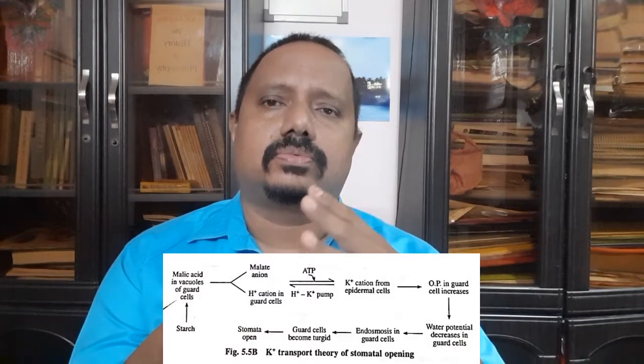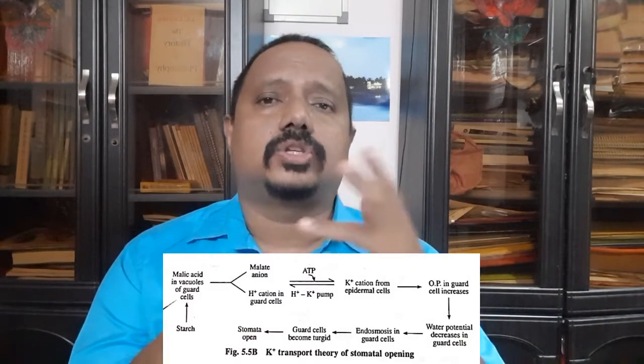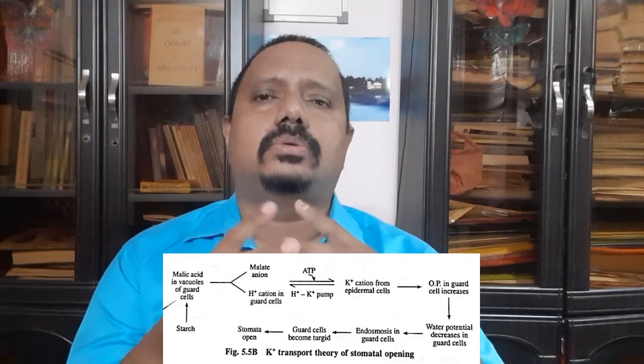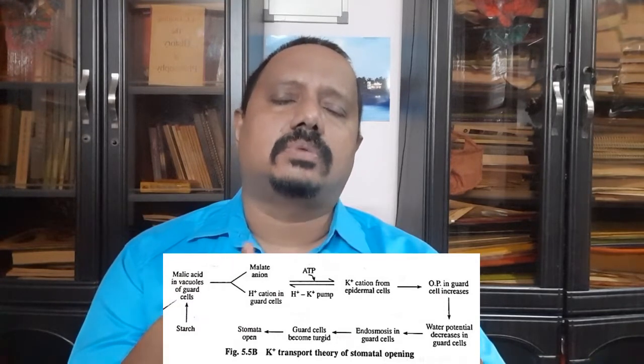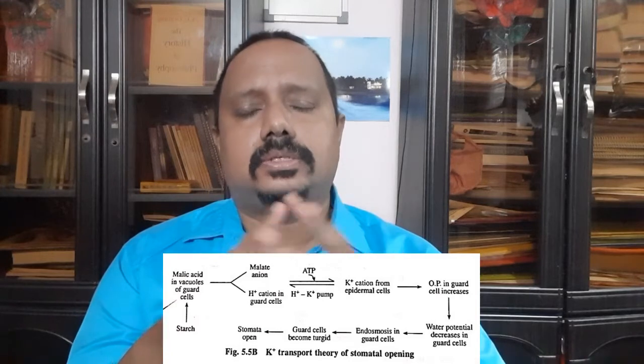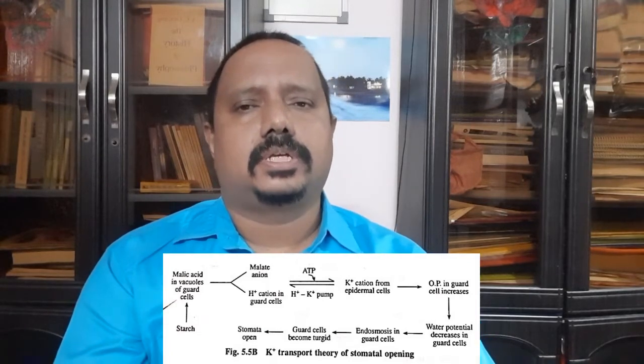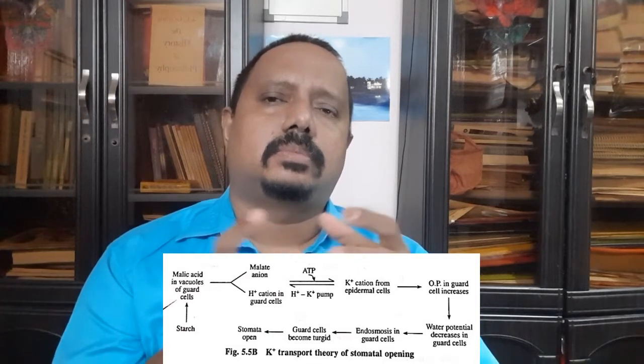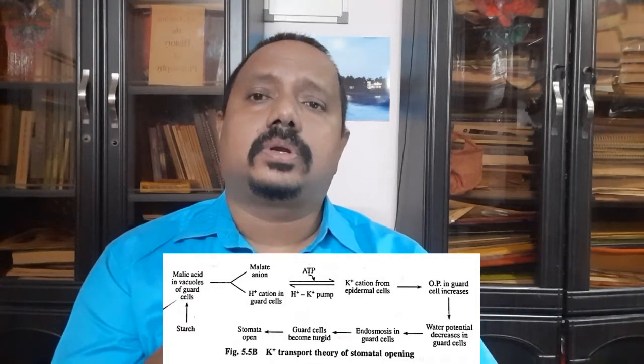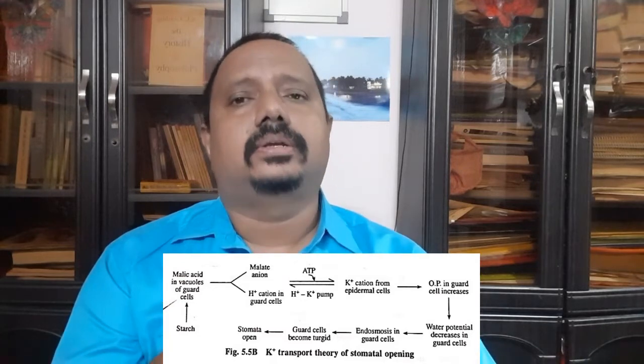So the most important point in this theory is the production of this excess H+ ions. H+ ions are produced due to the dissociation of malic acid into malate ion and H+ ion. These H+ ions can be utilized for the exchange with potassium ions. As a result, an influx of potassium ions takes place, potassium comes inside, and the potassium is osmotically active.